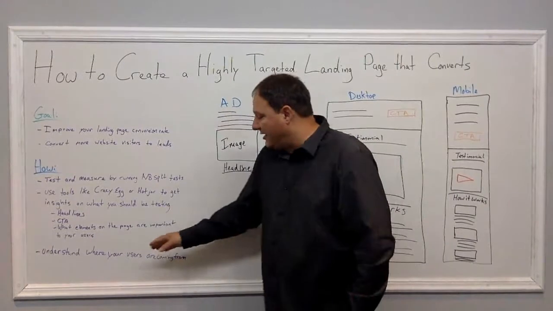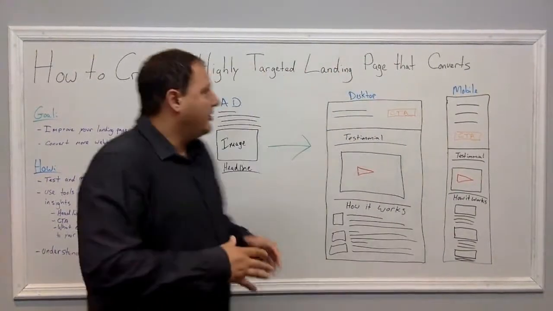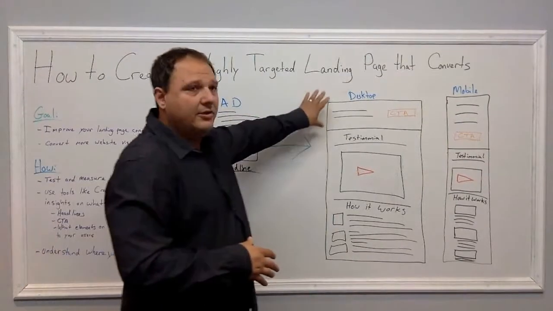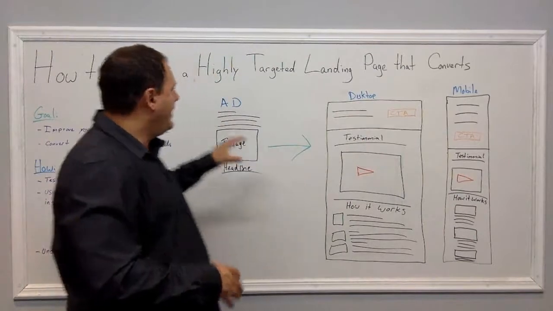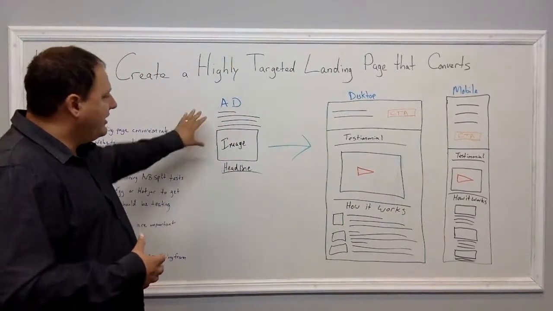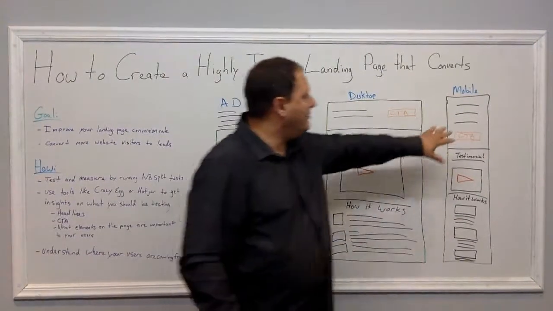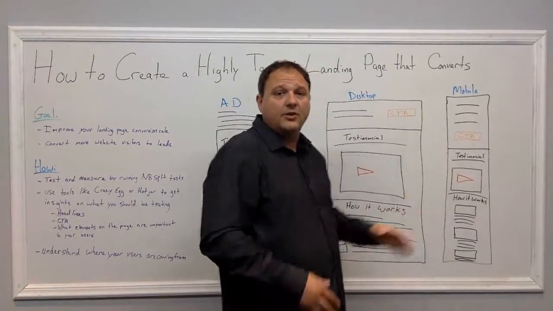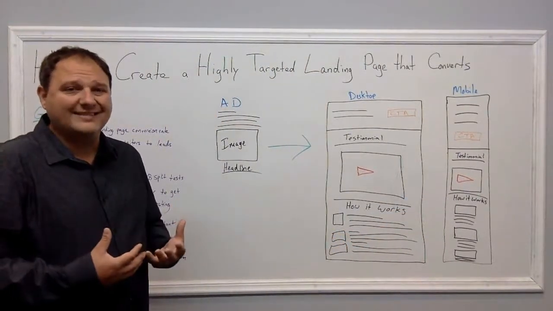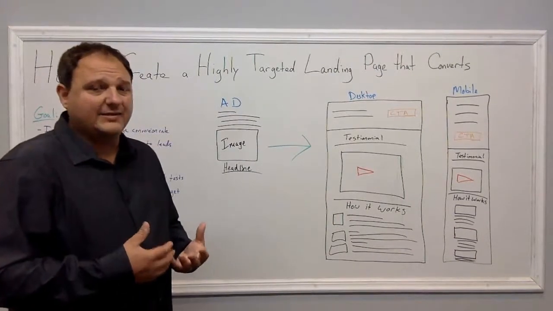First, you need to understand where your users are coming from. Whatever ad you set up needs to match your landing page, and you need to understand what the majority of these users are. If you're running a Facebook ad, the majority of people are probably going to be mobile users. Look at your analytics to understand what types of devices they're using, or look at your Facebook analytic data too.